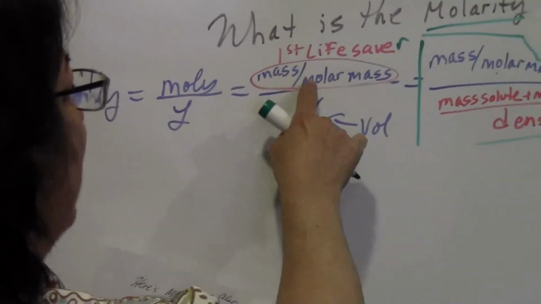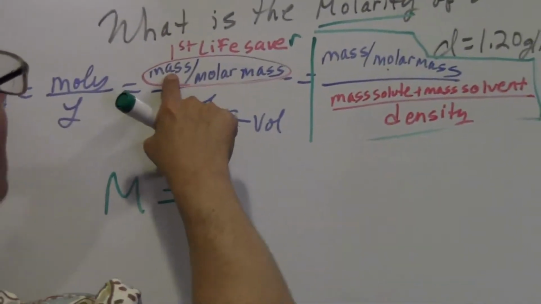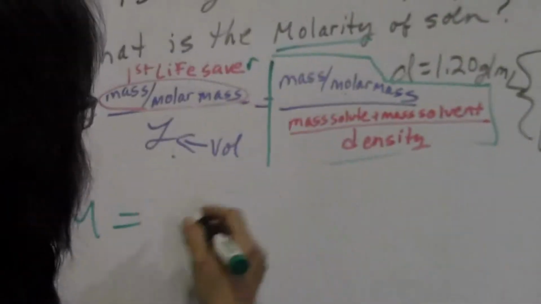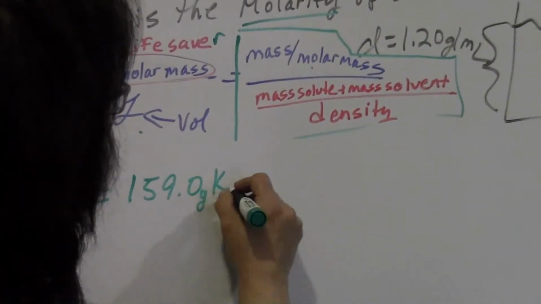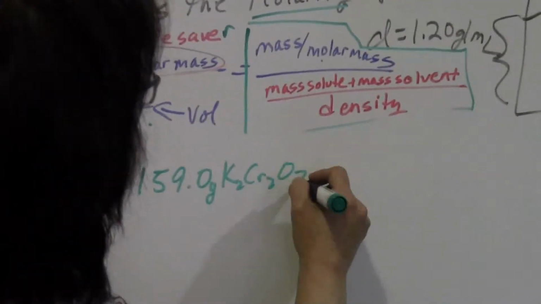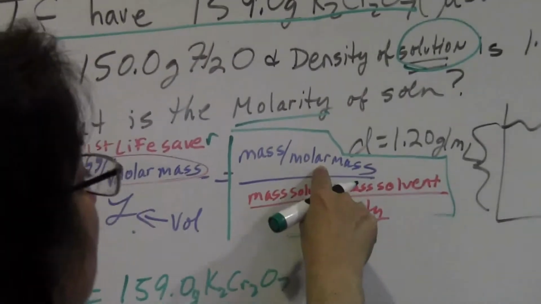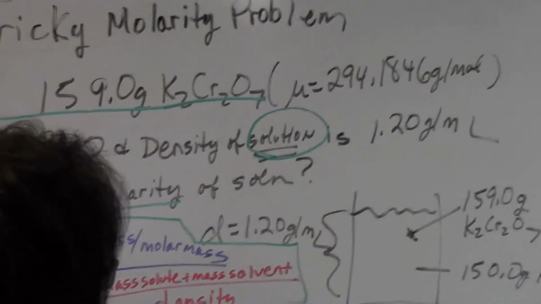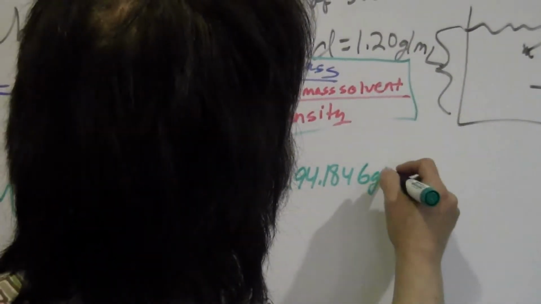So let's do this calculation first. Let's plug in. Molarity equals the mass we're given of the solute, 159.0 grams, K2Cr2O7, divided by the molar mass, which they gave us, 294.1846 grams per mole.